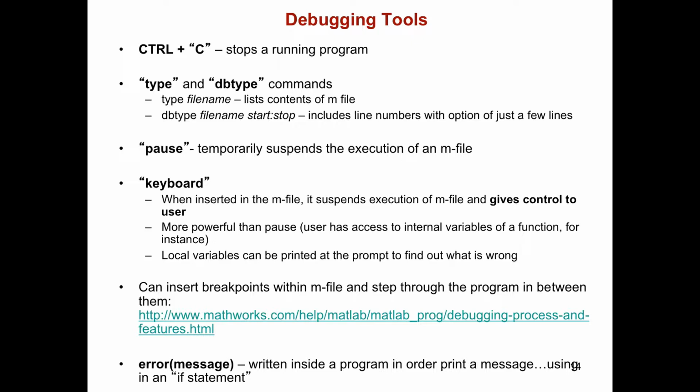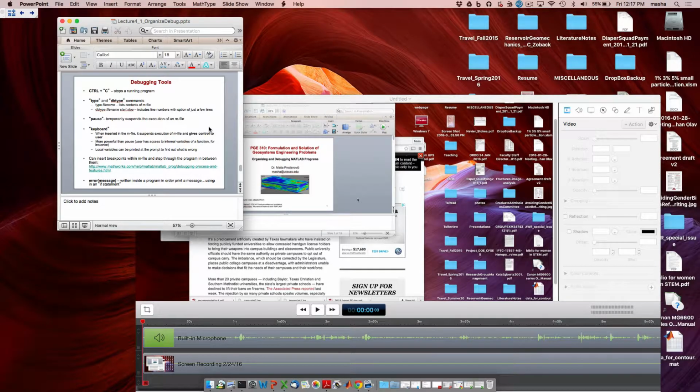Typically you have a problem in a certain number of lines of the code, and you basically want to isolate those and figure out what's happening with them. Now, all of these debugging tools are there to help us find errors that we put in inadvertently.